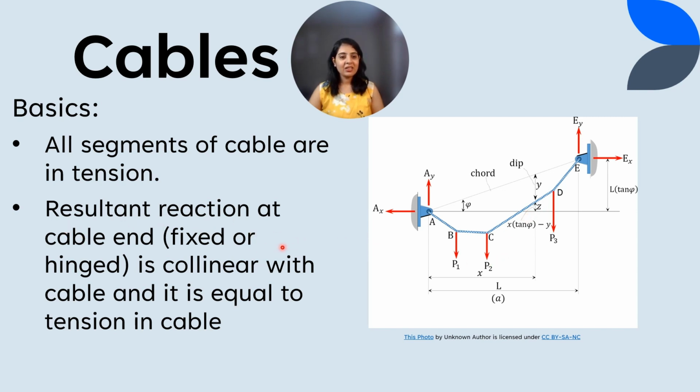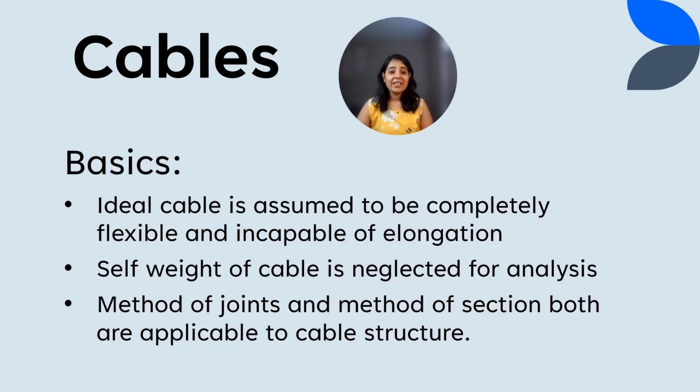Resultant reaction at cable end, fixed or hinge, is collinear with cable and it is equal to tension in the cable. Ideal cable is assumed to be completely flexible and incapable of elongation. Self-weight of cable is neglected for analysis.